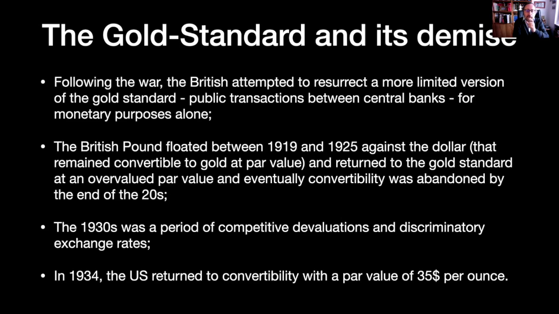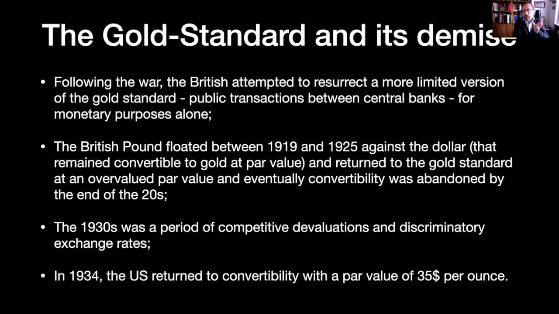So the British tried to return to the gold standard in 1925, but they fixed a convertibility value, pound to gold, that was not sustainable. The pound was overvalued in the sense that the British economy was not producing enough to support such a high value of the pound in terms of gold. So this led to it being abandoned by the end of the 1920s.